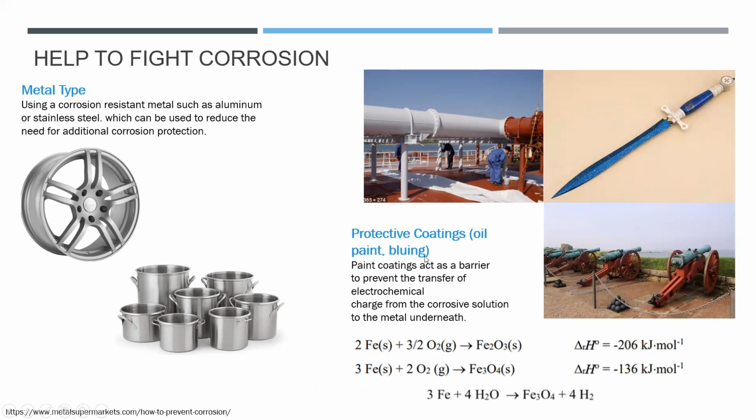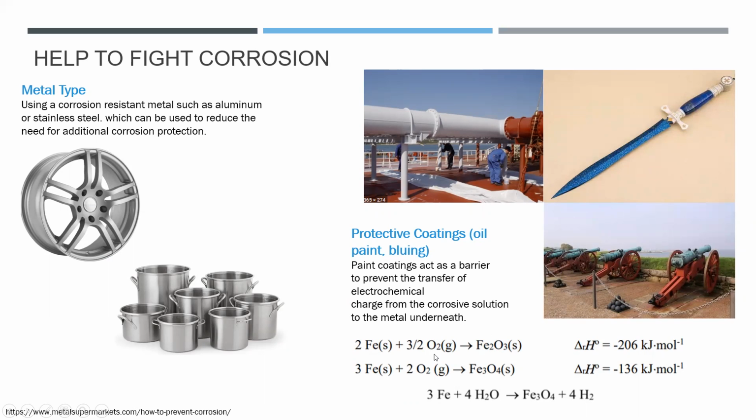The second one is called bluing. It's commonly used in ancient weapon production, like swords or cannons. People heated the iron up to a very high temperature and sprayed water on the surface. The water is quickly split by the high temperature into oxygen and hydrogen.